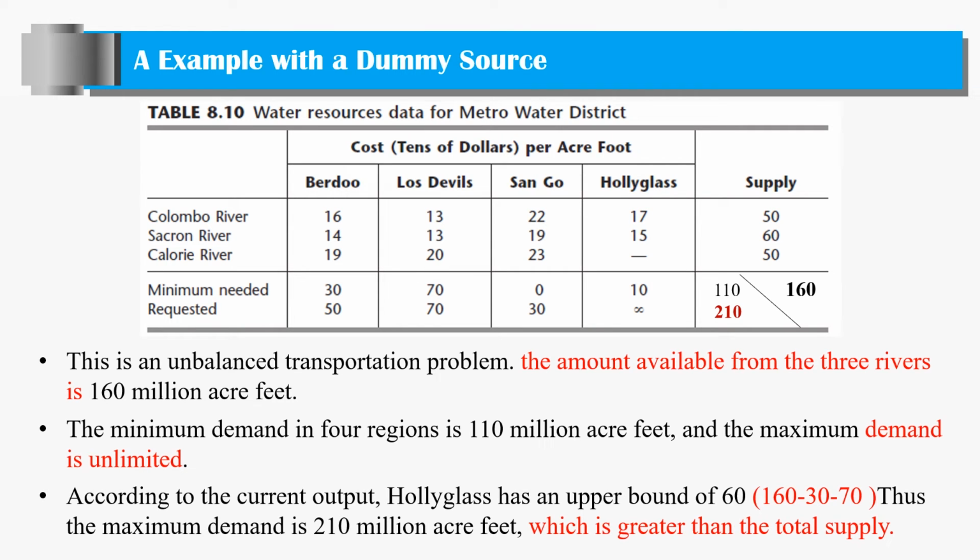According to the current output, for Holy Glass, the supply is 160. So Holy Glass has an upper bound of 60. It equals 160 minus 30 plus 70, so it equals 60. Thus, the maximum demand is 210 million acre-feet, which is greater than the supply.